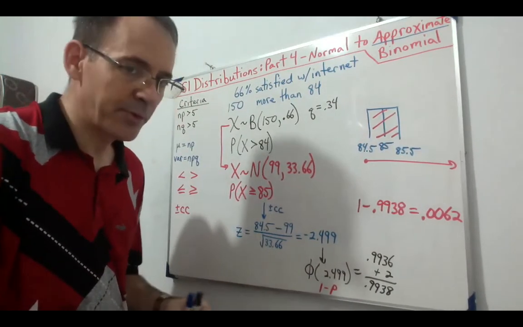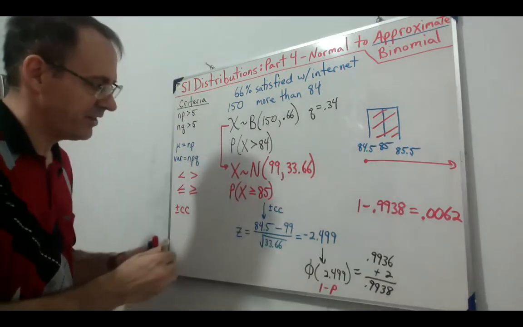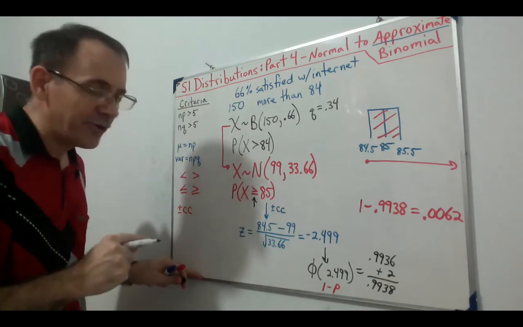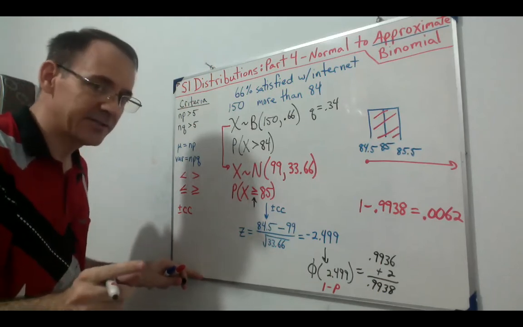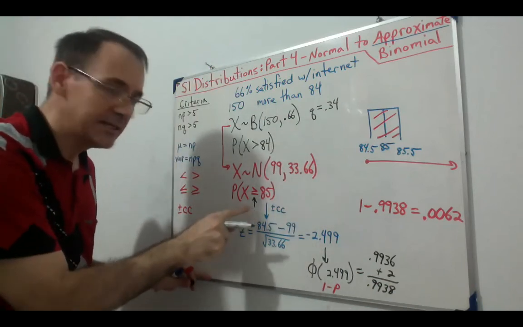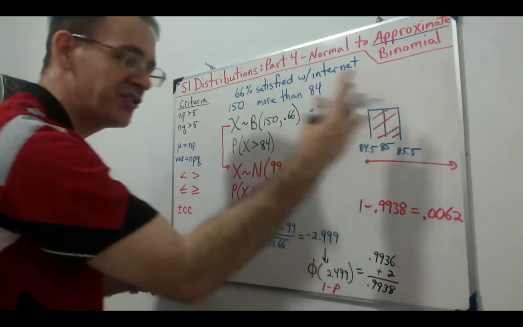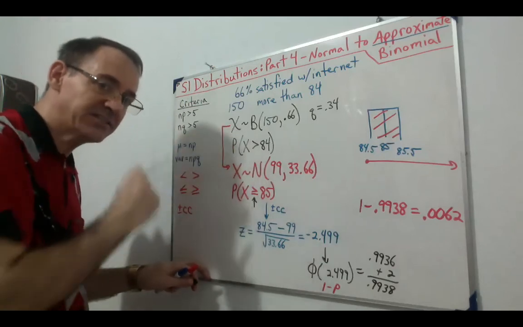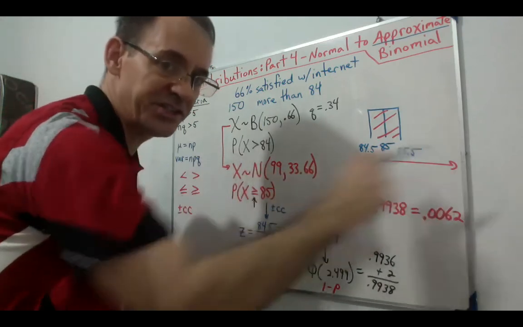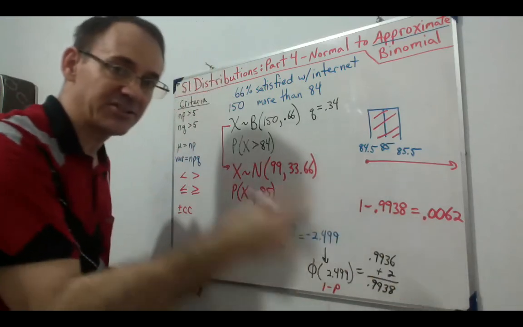And we need to remember one other thing that I didn't point out before. Our phi z chart, if you remember from part 3, only works for less than values. In other words, our phi z chart always shades to the left. In our last example, we were shading to the left, so it wasn't a problem. But in this one, it wants to shade to the right. But our phi z chart gives you an answer that's to the left.